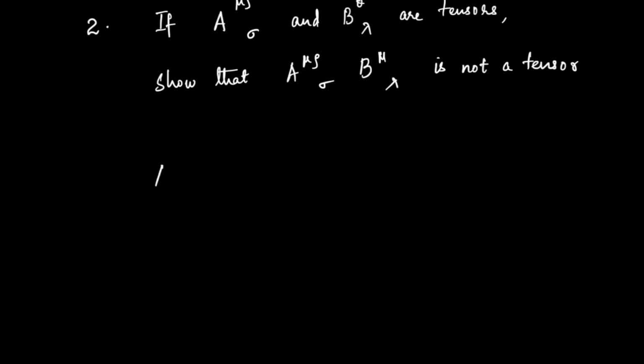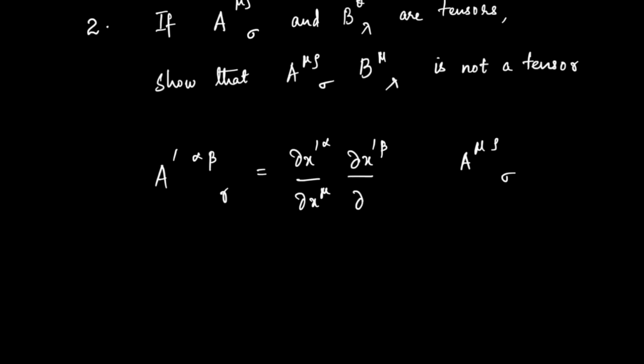Okay, so I'm going to write A prime alpha beta gamma in terms of A mu rho sigma. I have to write the transformation. Partial derivative of x prime alpha with respect to x mu. Partial derivative of x prime beta with respect to x rho. Partial derivative of x sigma with respect to x prime gamma.